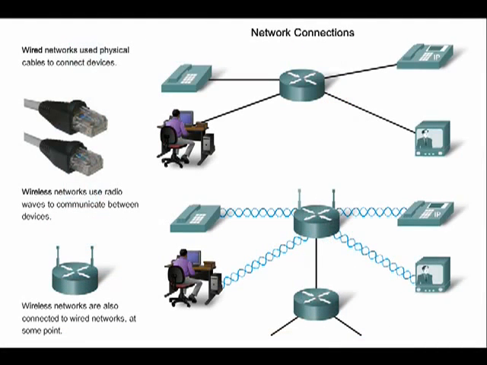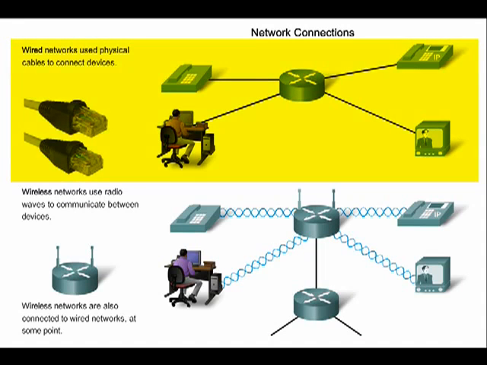The devices in a network must be connected for the network to function. Network connections can be wired or wireless. With wired connections, like the network in this graphic, the medium is either copper, which carries electrical signals, or optical fiber, which carries light signals.